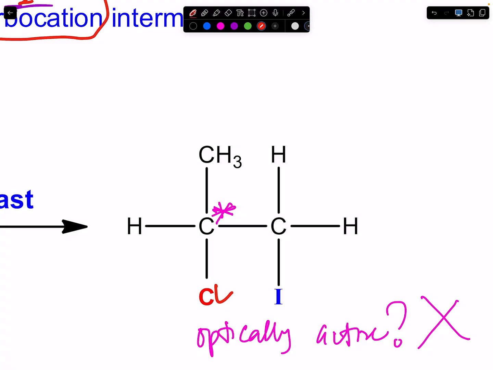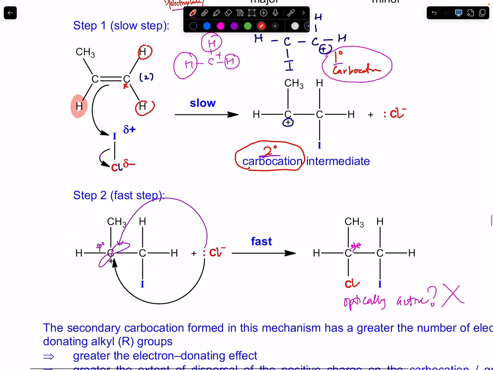The other 2 being you cannot have an internal plane of symmetry, and you cannot be in a racemic mixture. Do you still remember racemic mixture? A racemic mixture is when you have 50% of each enantiomer.